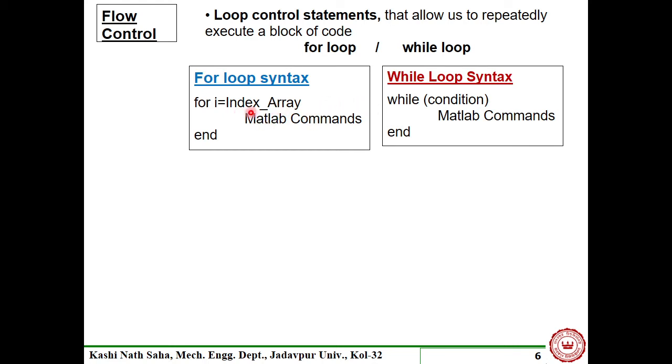Now, similarly, there is an increment value also. We have already seen what the colon operator is. So that way we can give here 1 colon 1 colon 10, okay, 0 colon 2 colon 10. So this i value is also used usually within these statements here.